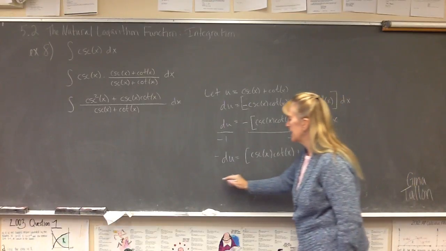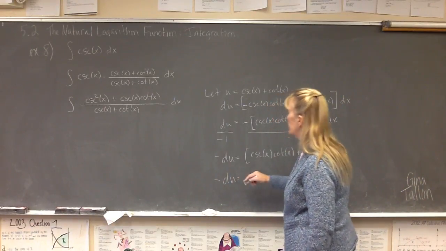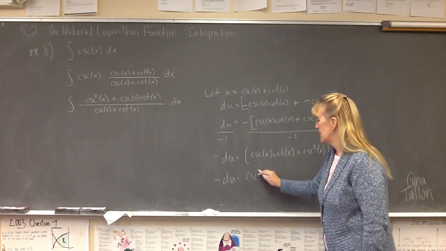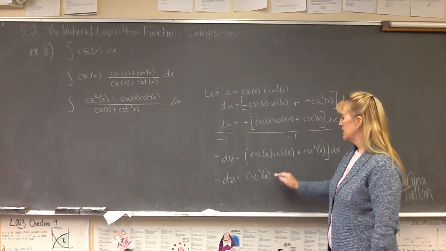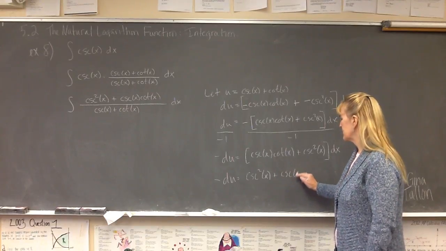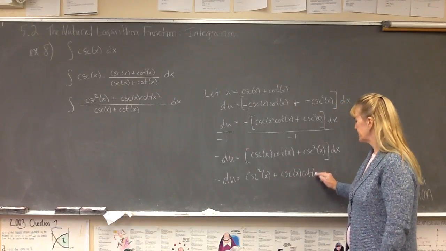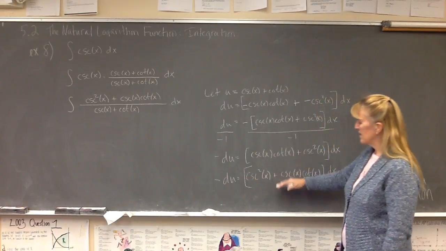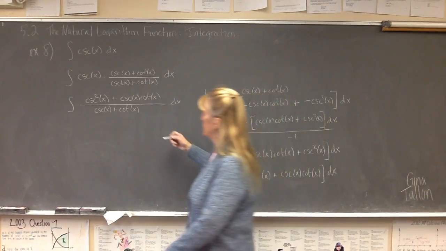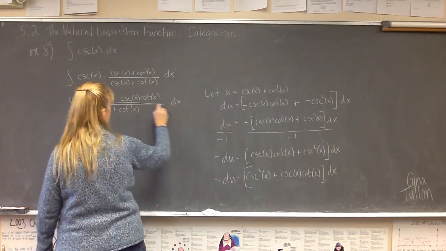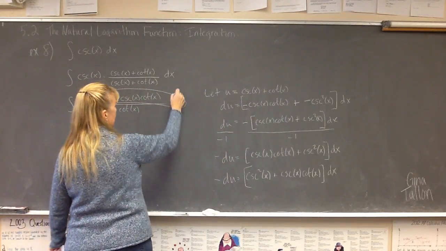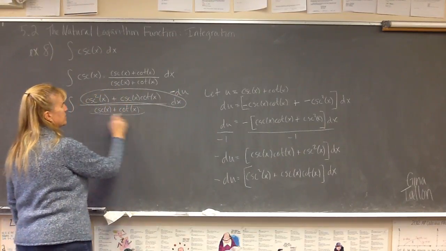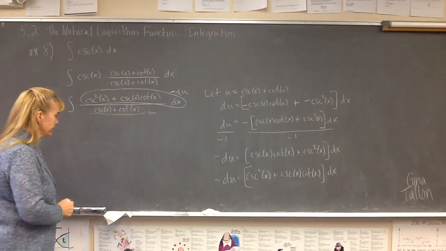If you really felt like having to write it again, I would hope that you could take a couple of these steps in one. But the cosecant squared x is written first over there, and then the cosecant x cotangent x with respect to x. This step is not necessary. I just want to have it verbatim so you can see exactly that this whole thing, including the dx, is my negative du.